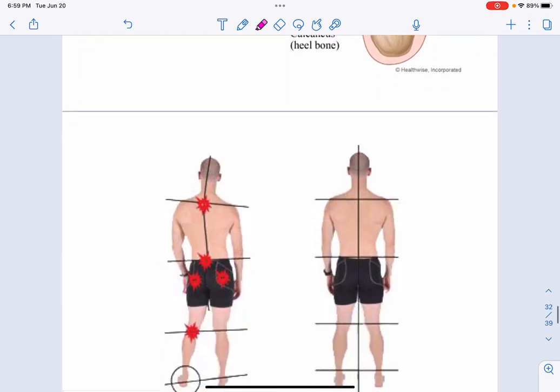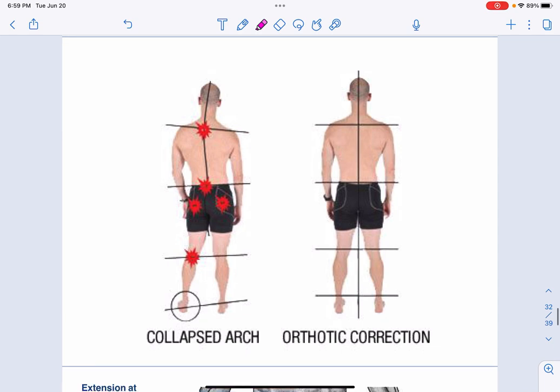And as I was saying, if your arches aren't properly maintained and you have a collapsed arch, it basically takes your entire body and it's completely out of whack. I mean, that's not a very technical term, but you can see that your spine is no longer aligned with the rest of your body.